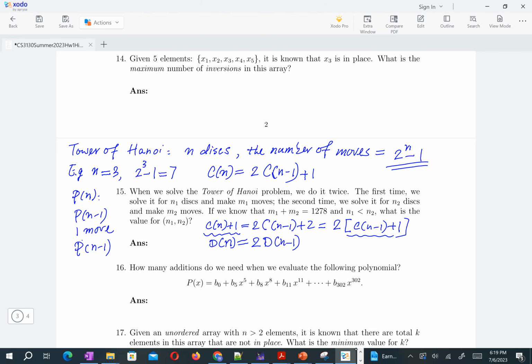Can we apply this recurrence relation another time? 2 squared times d of n minus 2, and so on.